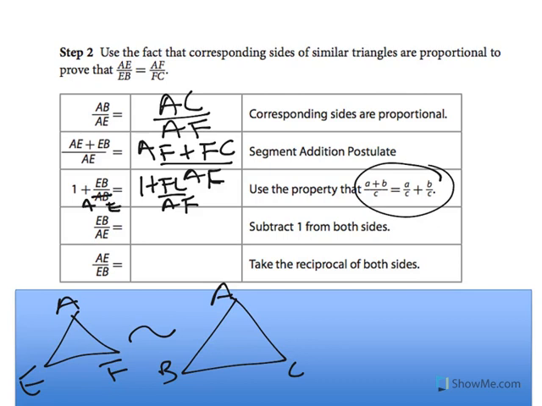Right, and so then we can subtract 1 from both sides, so then we have EB over AE is equal to FC over AF. And by using the reciprocal, we get AE over EB is equal to AF over FC. Okay?